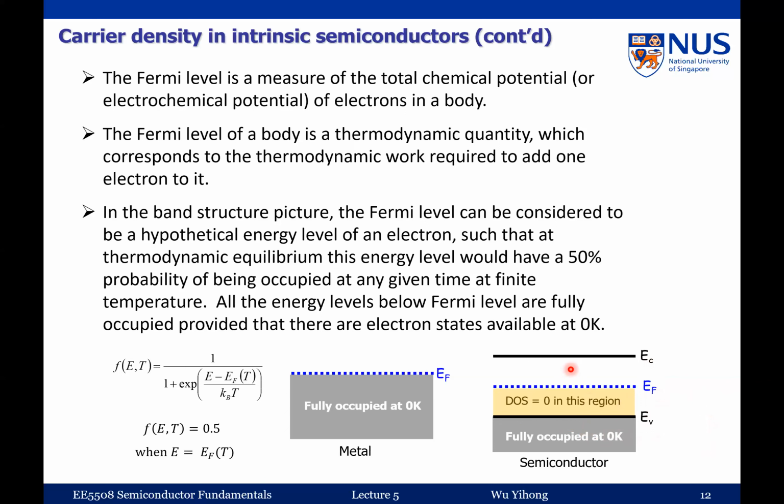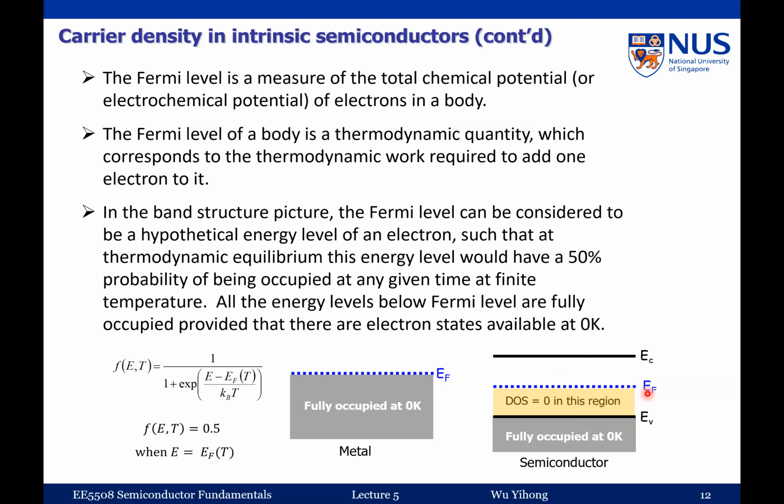Okay, so this means that if you can find a way to move this EF up and down within this region, in principle, you can control not just carrier concentration, but also conductivity. Because when EF is above the middle of the band gap, you have more electrons. So this means you have what we call N type.